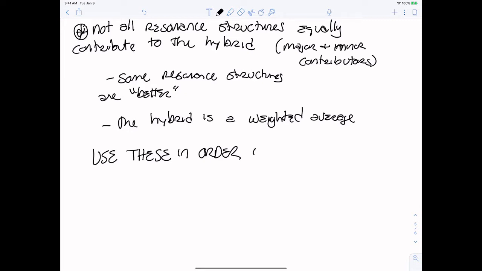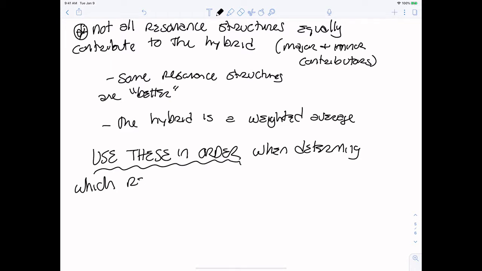So use them in order when determining which resonance structure is the major contributor.